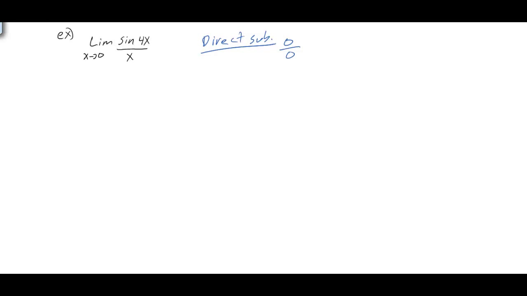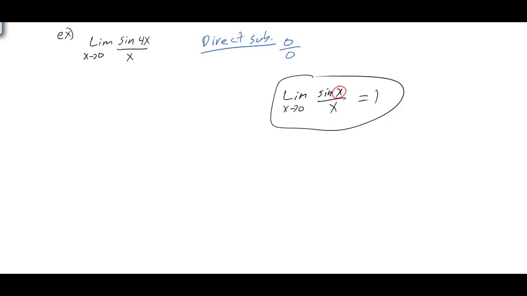Now, if we try to fit our special trig limit above, the limit as x approaches 0 of sine x over x, we said that would be equal to 1. Notice here that when we say the limit of sine x over x, the sine of x and the x on the bottom have to match up. Well, over here we have a 4x on top.